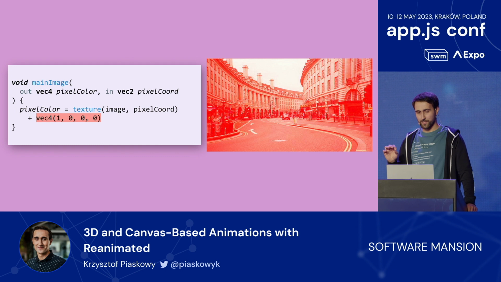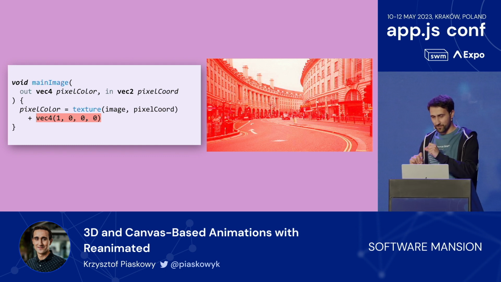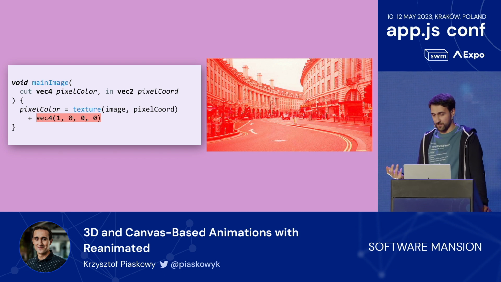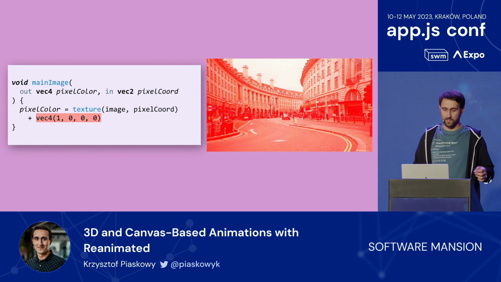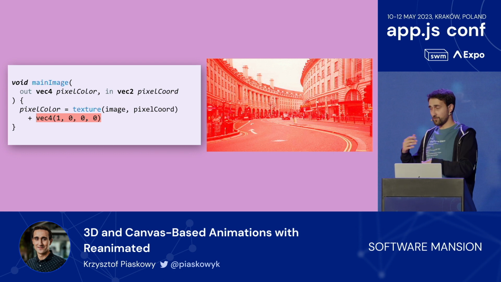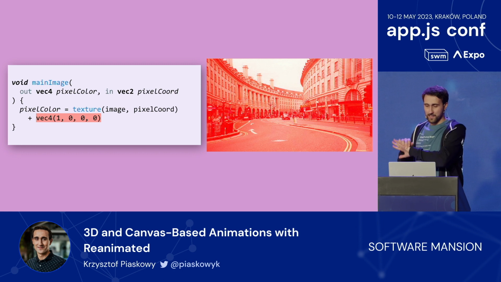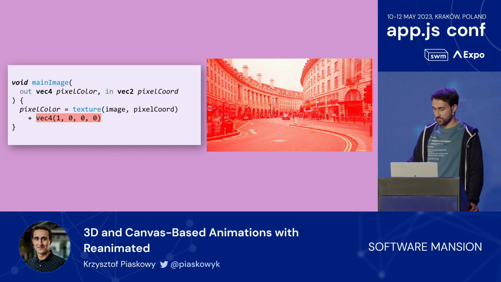We are going to modify each pixel by adding some red color to it. To do this, we need to use a vector, which contains an RGBA value for each color channel, with the value range from 0 to 1. And the final result will be exactly the same as the red mask image I showed before.